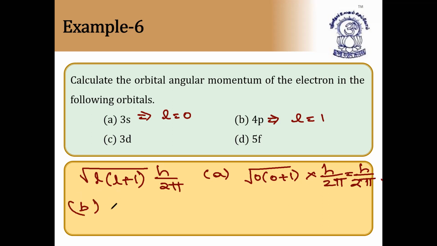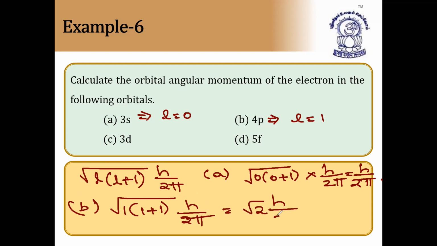Root of 1 into 1 plus 1, root 2, into h by 2 pi. So it is root 2 h by 2 pi. It can also be written as h by root 2 pi. Yes, this is the second one.